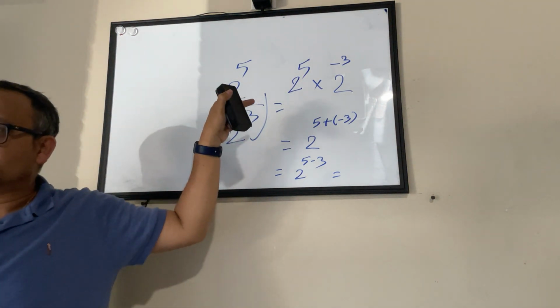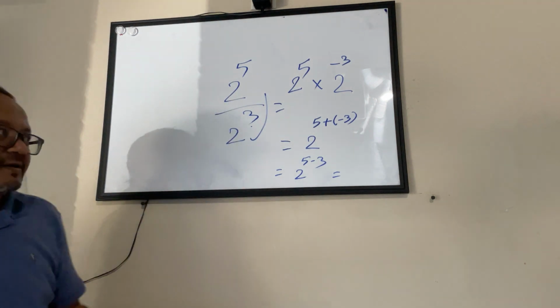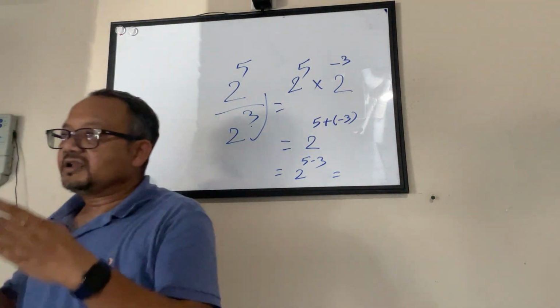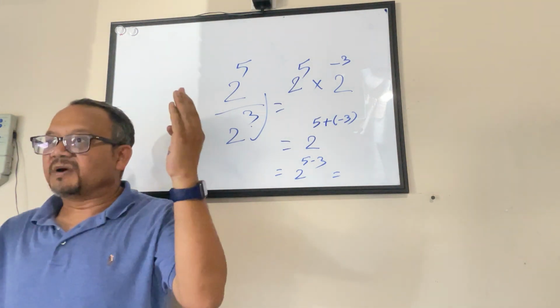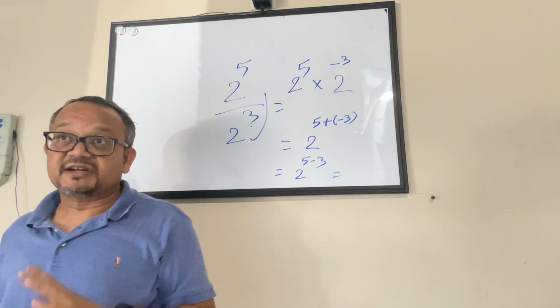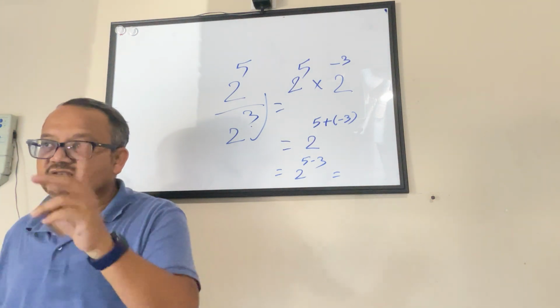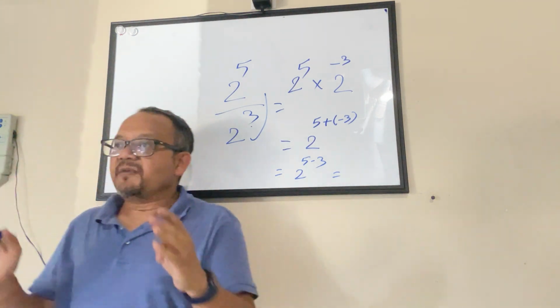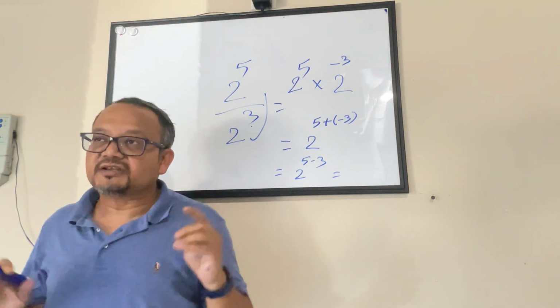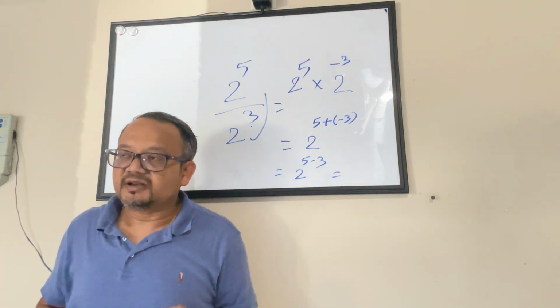Yeah? So there are 4 things that we learned. One is, when you multiply exponents, the power gets added. When you divide exponents, the power gets subtracted. Make sure that the base is the same in both scenarios. When you have power to the power, the exponents get multiplied.